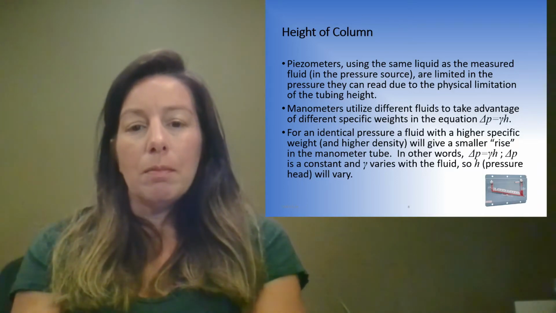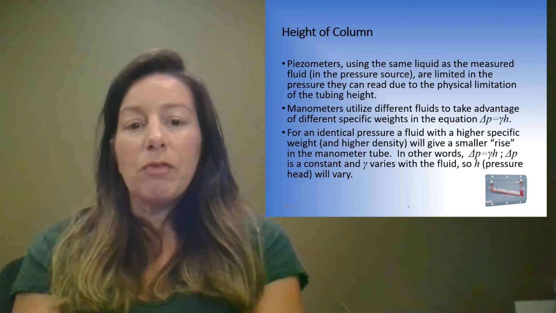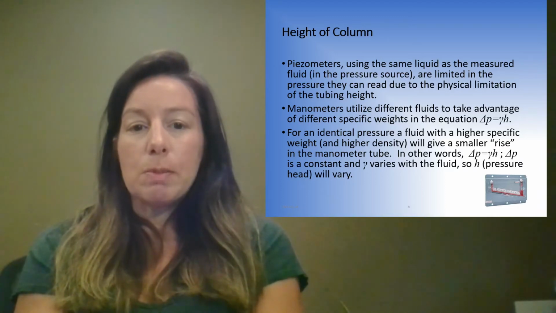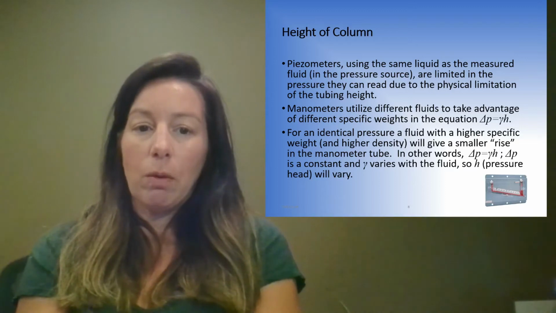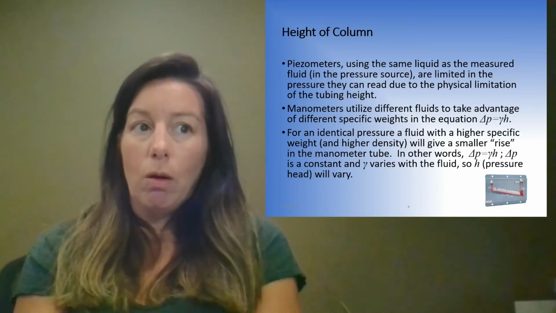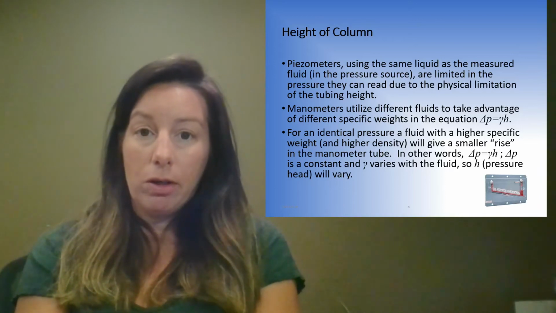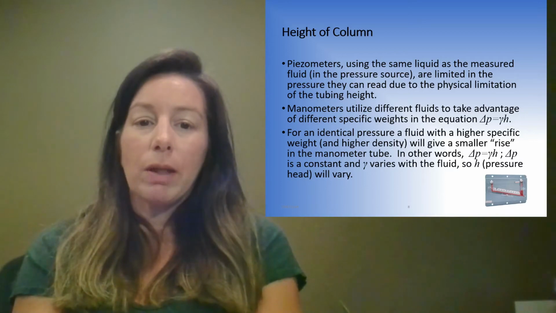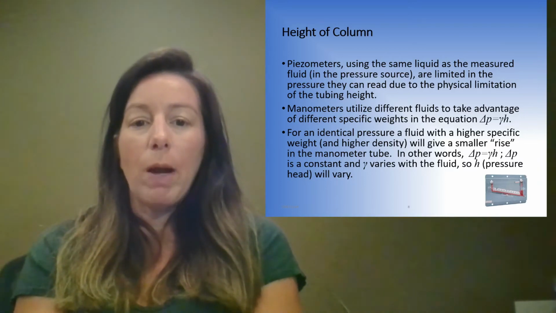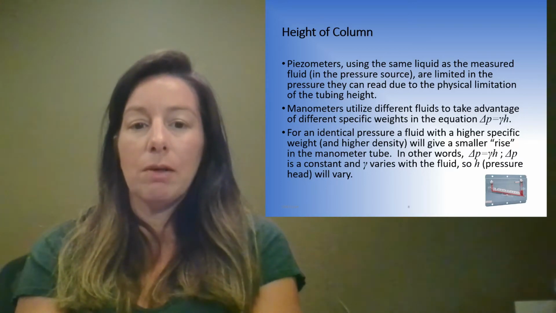So manometers utilize different fluids to take advantage of different specific weights in the equation, so that the change in pressure is equal to the specific weight of the fluid times the height. So remember mercury, that's why mercury's in there a lot. For identical pressures, a fluid with a higher specific weight, a higher density, will give a smaller rise in the manometer tube.